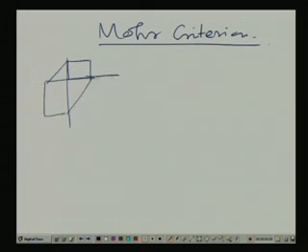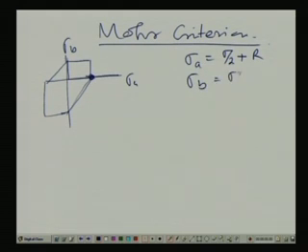For the given situation, this is sigma A, this is sigma B, and sigma A is sigma by 2 plus R, sigma B equals sigma by 2 minus R. So, for the given problem, this is a line which should be considered, because we have the sigma A and sigma B values.